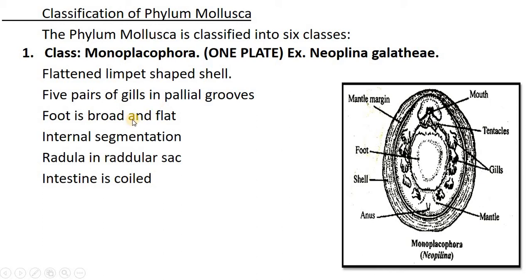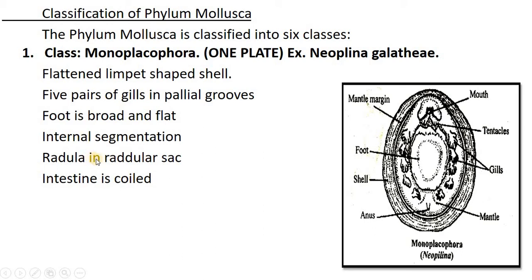The foot is broad and flat, and of course the foot is ventral in position. Internal segmentation is there. Because of this character, this member somewhat resembles the Phylum Annelida, which has internal segmentation.